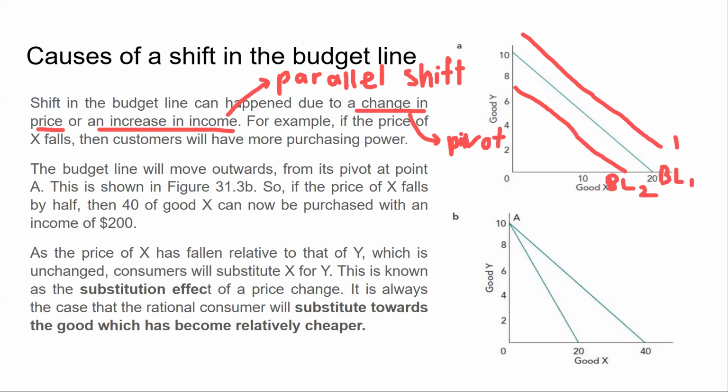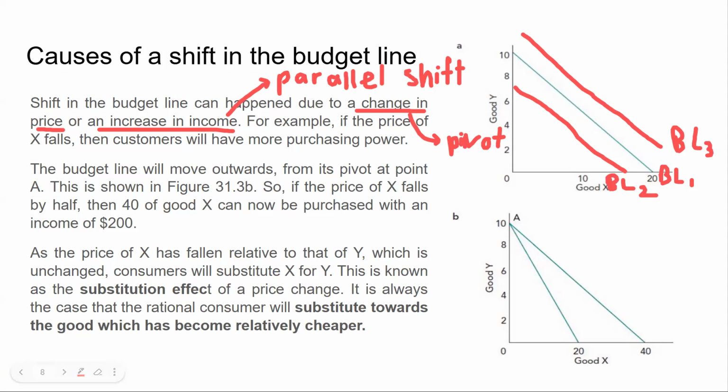And if I draw one more, this is BL3, that will also be a parallel shift. A parallel shift is due to an increase in income or also a decrease in income. Increase in income, parallel shift to the right. Decrease in income, parallel shift to the left.